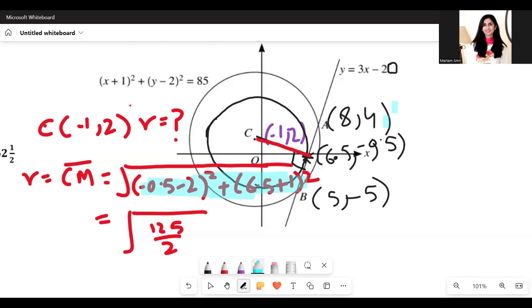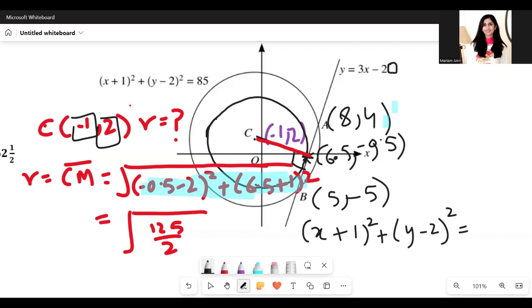Otherwise, it's going to give you an answer in simplified surd form, which might confuse you. So better to leave it like that. So now the equation of the circle is going to be (x + 1) whole squared, change this sign, plus (y - 2) whole squared equals radius squared. So that's going to be 125 over 2. And that is the answer.